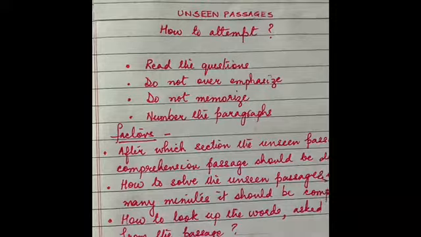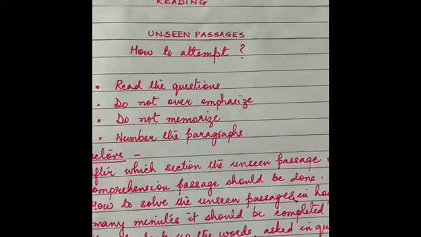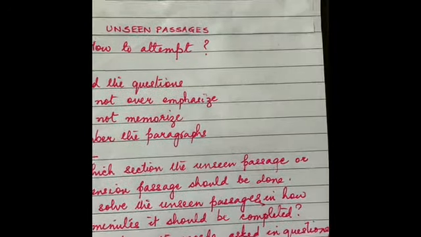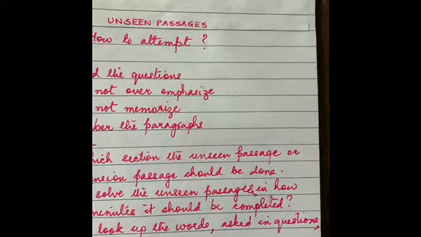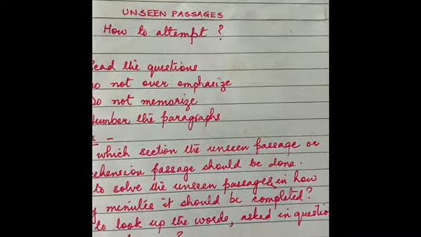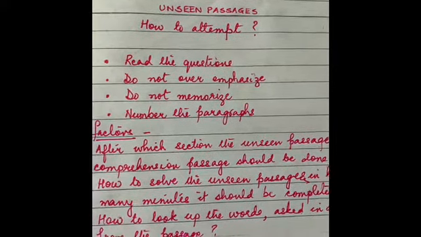I would say that it constantly gives you the frowns, especially when you come across those long passages. Isn't it? Students, the unseen passages are always unpredictable and even the marks cannot be predicted. You cannot predict your marks at all.